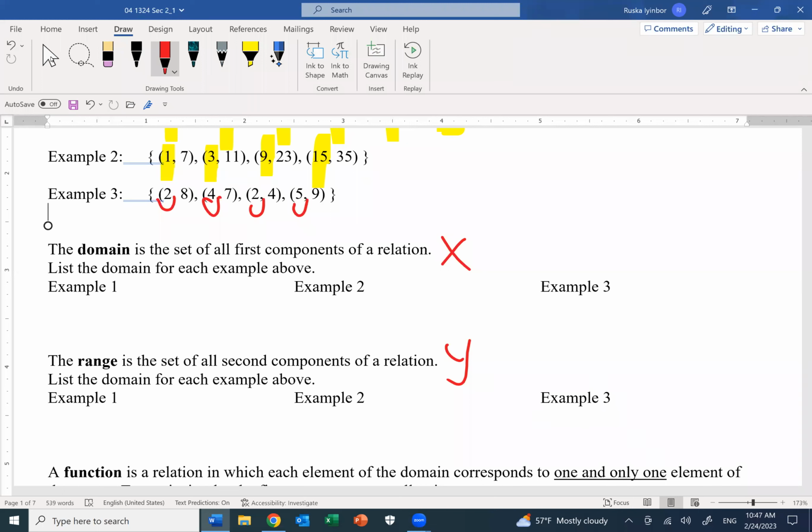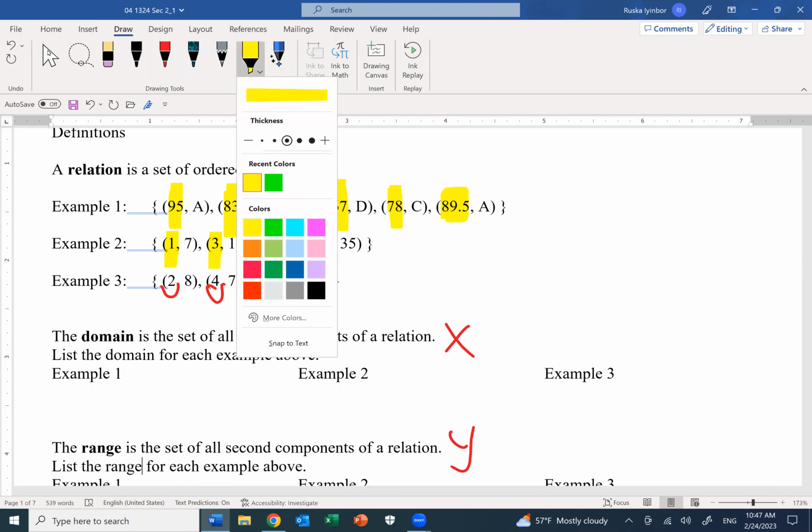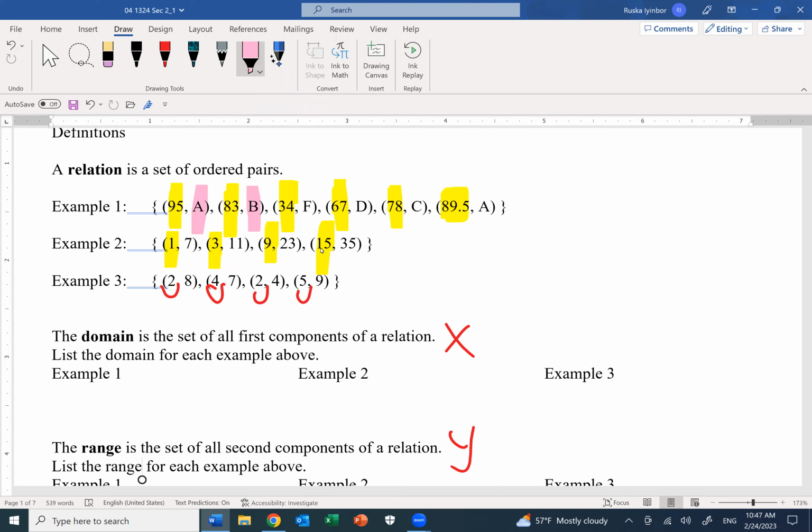So what are the elements of the range? Looking at my example 1, I'm just going to use a different color. The range is going to be A and B and F and D and C and A. Those are the elements of the range, which is the Y coordinate of the points of those ordered pairs.